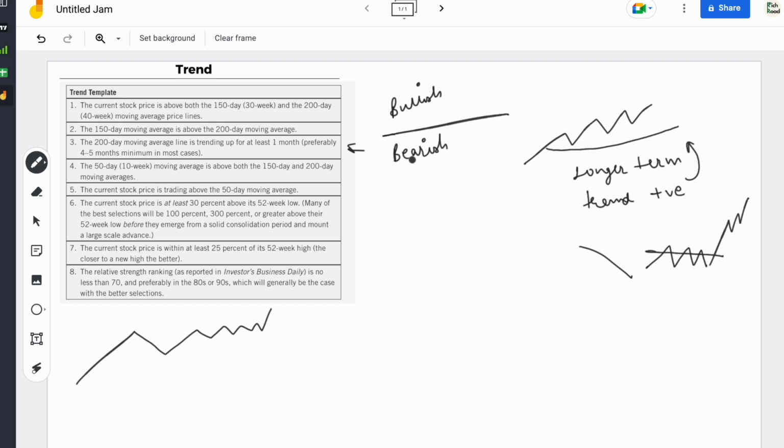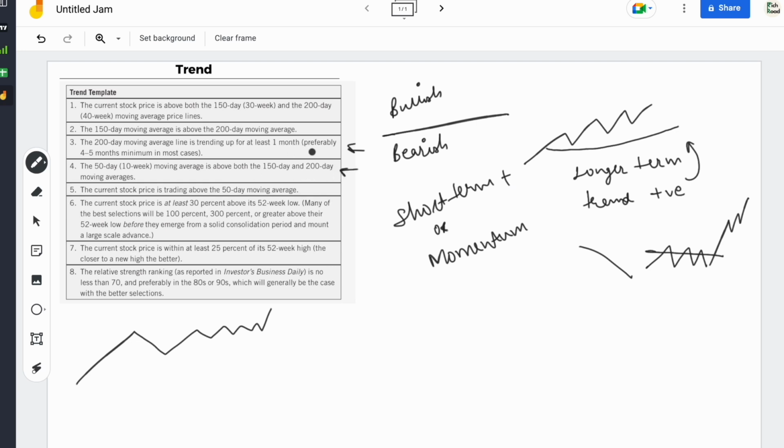When we say that the 150 is above 200, again, the medium-term trend, you can say, is taken care of. But now when we say that the 10-week or the 50-day moving average is above both 150 and 200, that means you are also taking the short-term trend to be positive, or at least in momentum. This is what he implies by the fourth point.